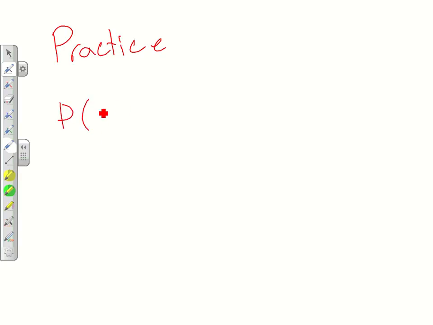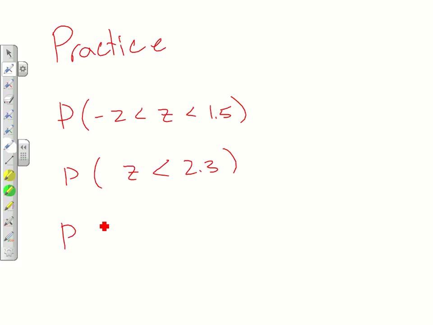P that is between negative 2 and 1.5. Give me P that is less than 2.3. And give me a P that is greater than negative 0.5.